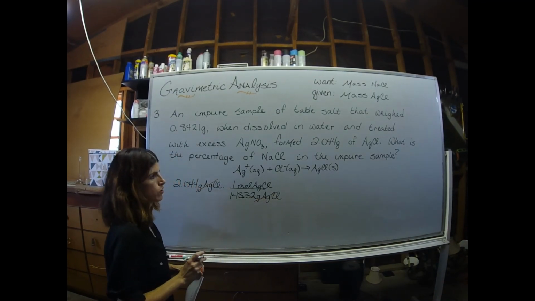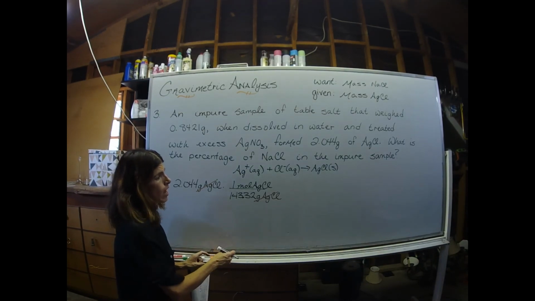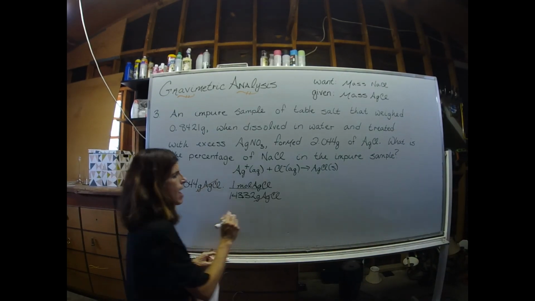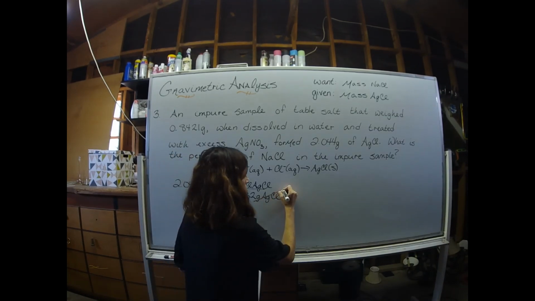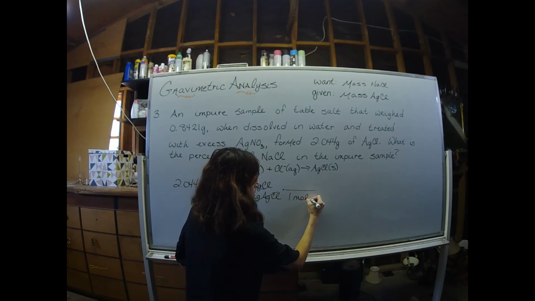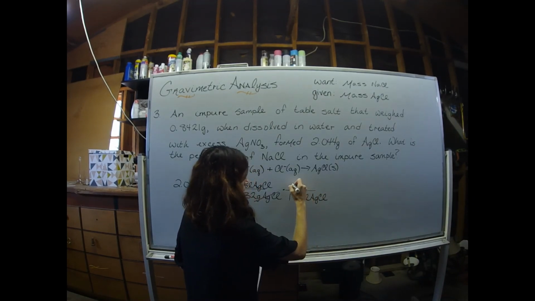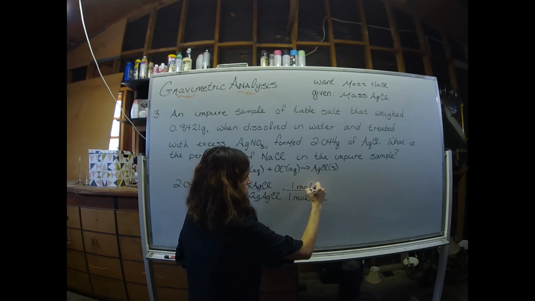Now we're at moles of silver chloride. So what do I know about silver chloride? Well, I know silver chloride has 1 mole of chloride. So 1 mole of silver chloride has 1 mole of chloride.